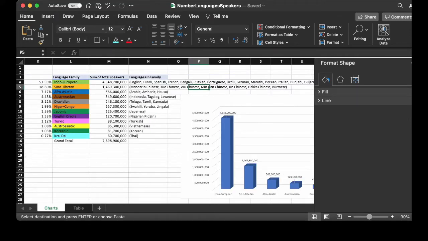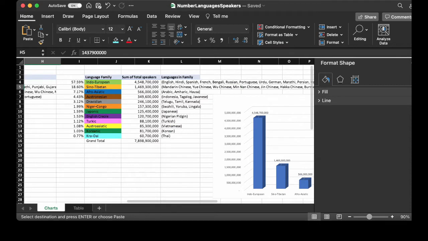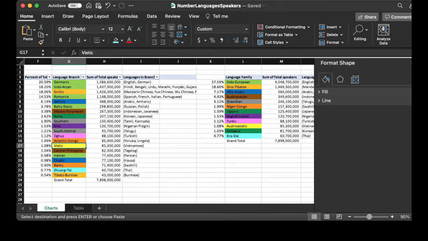Now Burmese is a different branch, so you have the Sinitic language branch, which has the different versions of Chinese, and then you have the Tibeto-Burman branch, which is what Burmese belongs to.